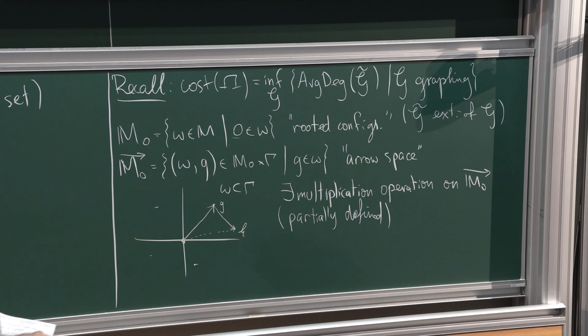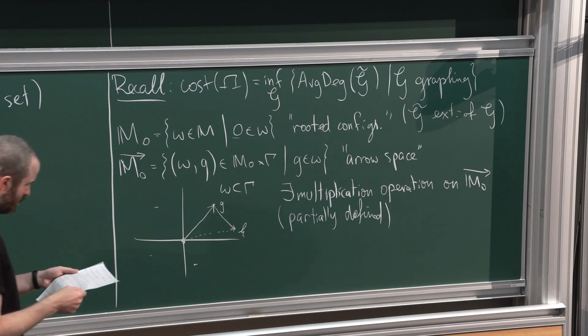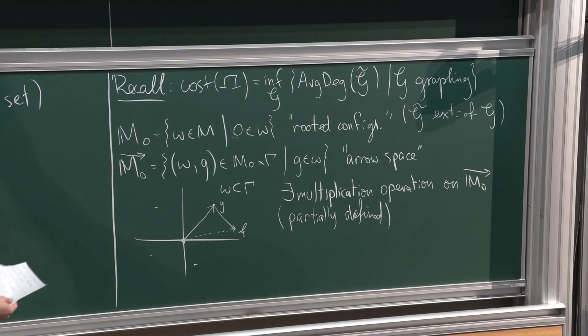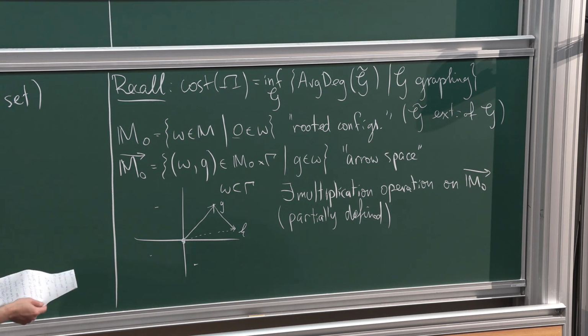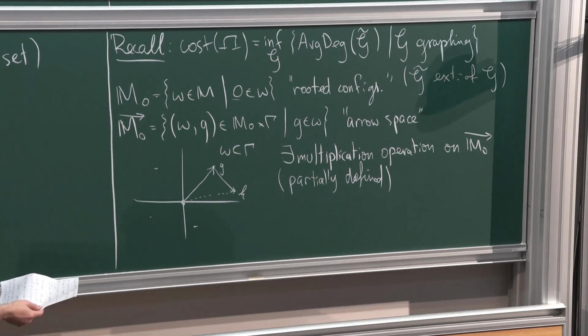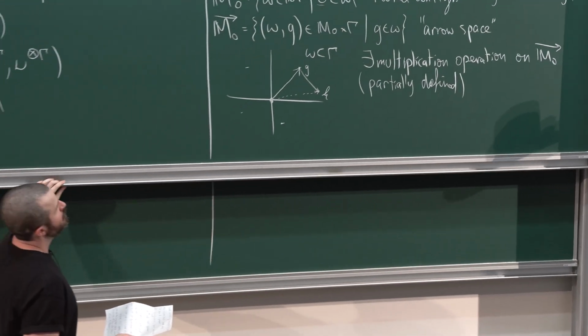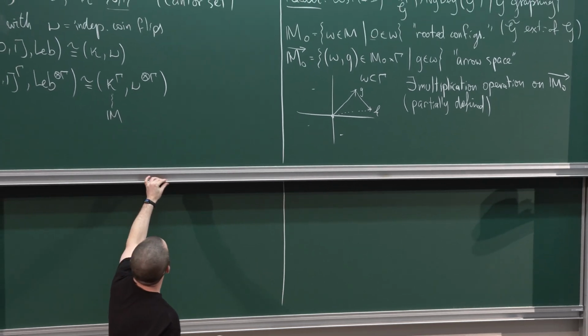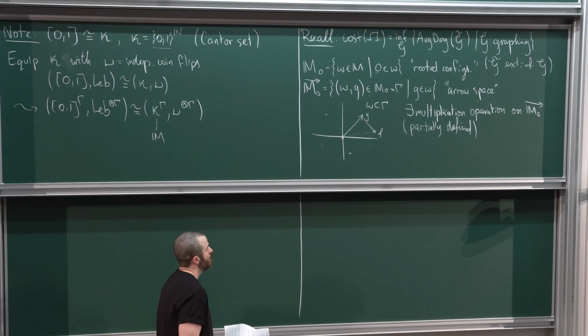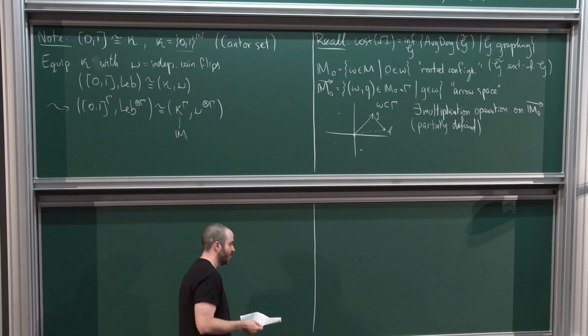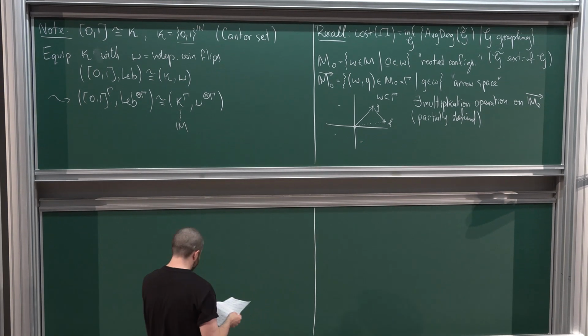It's something that behaves like a group, except the multiplication operation is only partially defined. Or it's a category where every arrow is invertible. Or it's a whole bunch of arrows that you can multiply together. Okay? So this is the groupoid, and I promise it will be useful somehow.